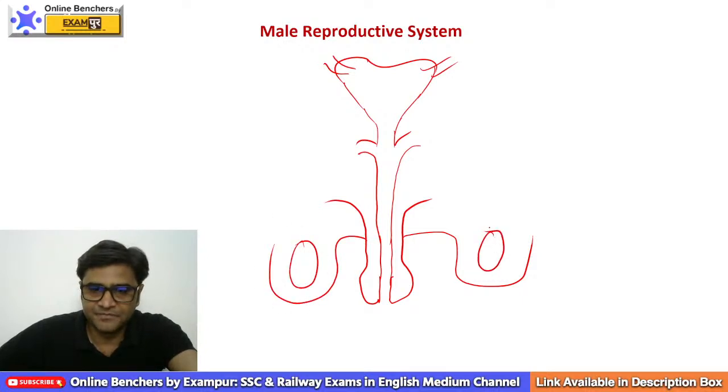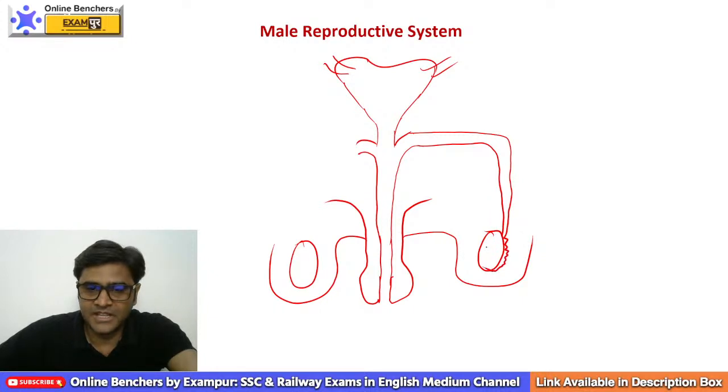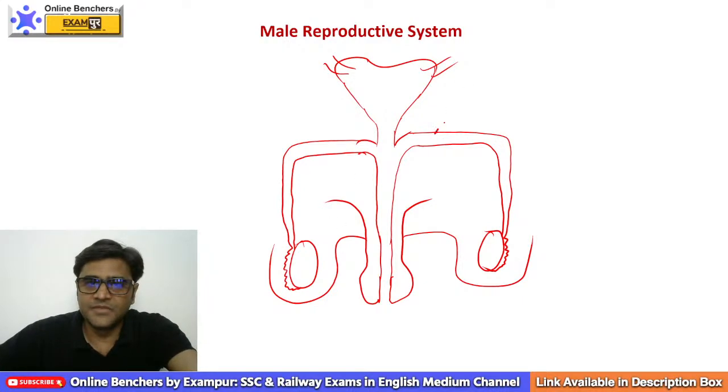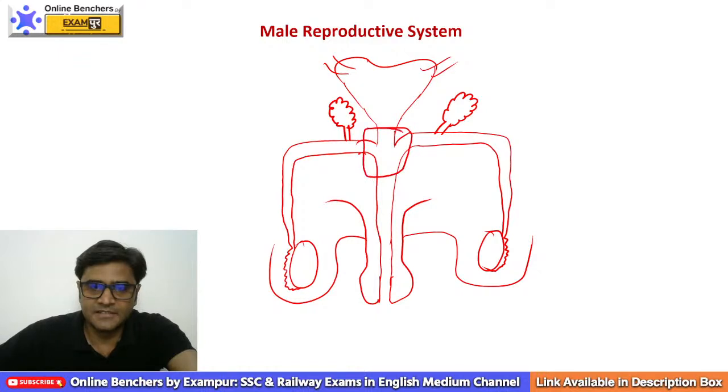So this is your testis, which is connected by a tube, and here we have a tube-like coiled structure. Here we have a gland. The same gland is present here, and this junction also contains a gland. Now tell me, what is this? This is testis.